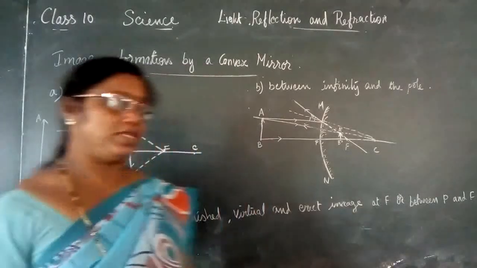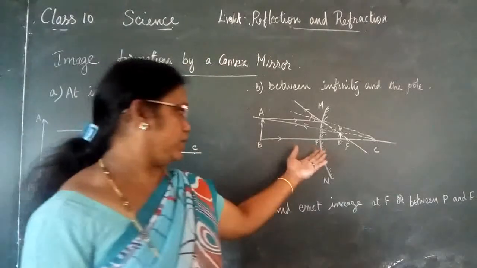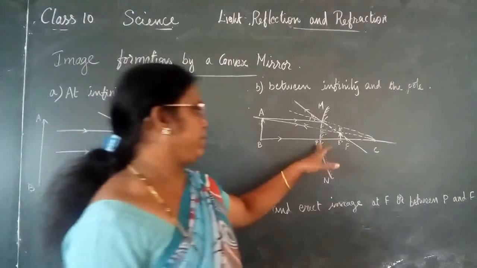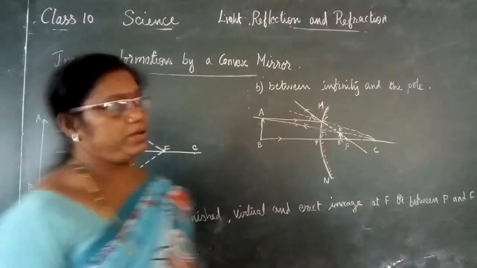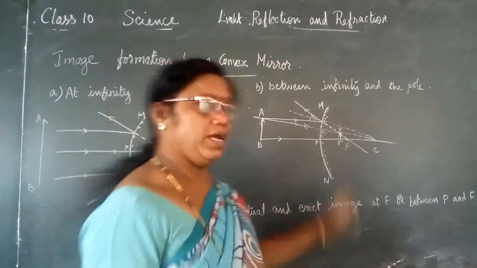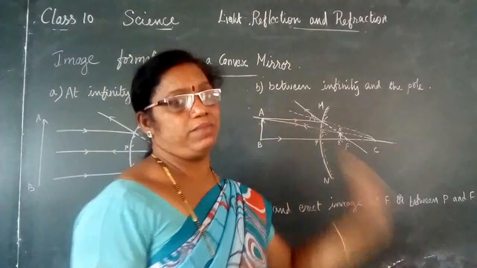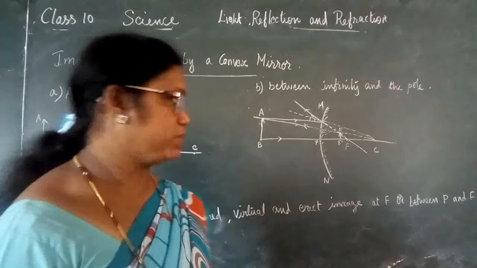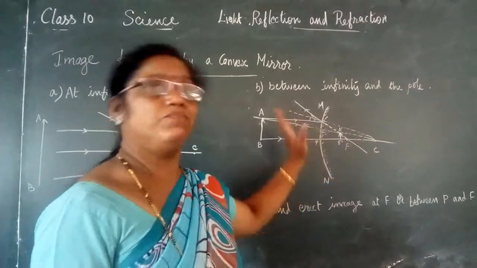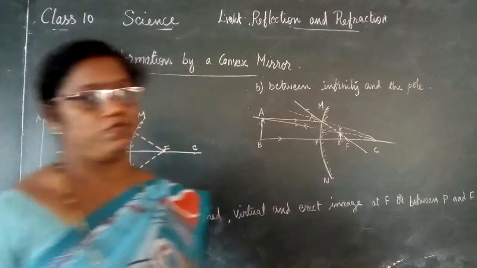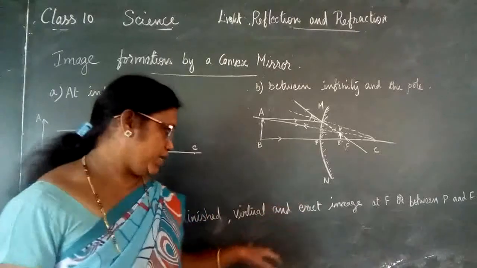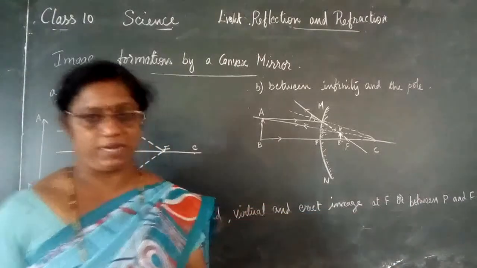And if the object is placed beyond P at any point, you will get an image between P and F. So the possibilities are only these: when the object is at infinity, the image will be at F. And if the object is between infinity and the pole, the image will be between the pole and the principal focus. And what type of image will you get? Diminished, virtual and erect image.